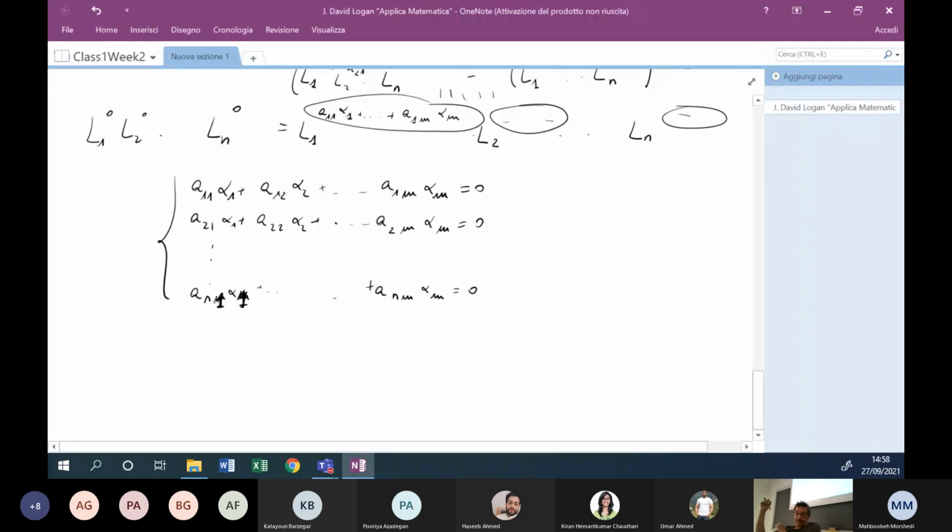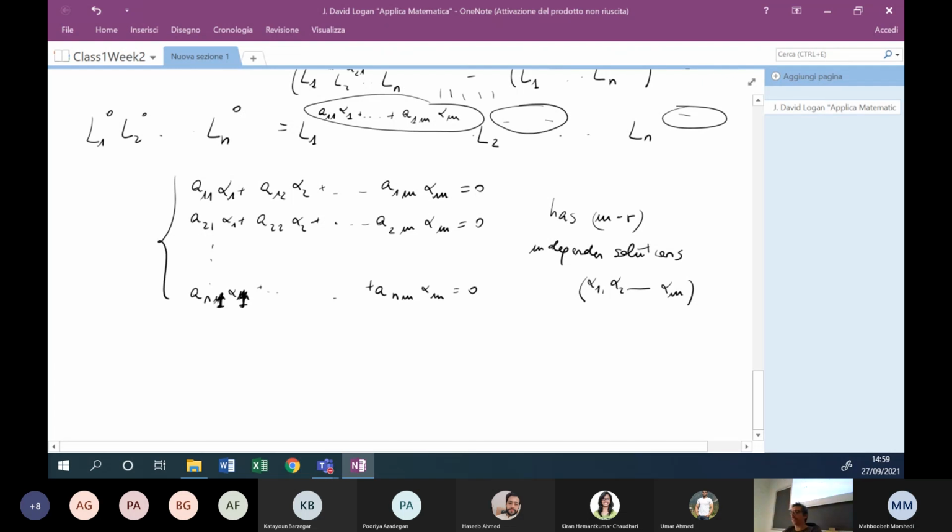So this means, for what we have said before, that this system has m minus r independent solutions, which are for alpha 1, alpha 2, alpha M. So I can find m minus r independent tuple of vectors of alphas which are independent.